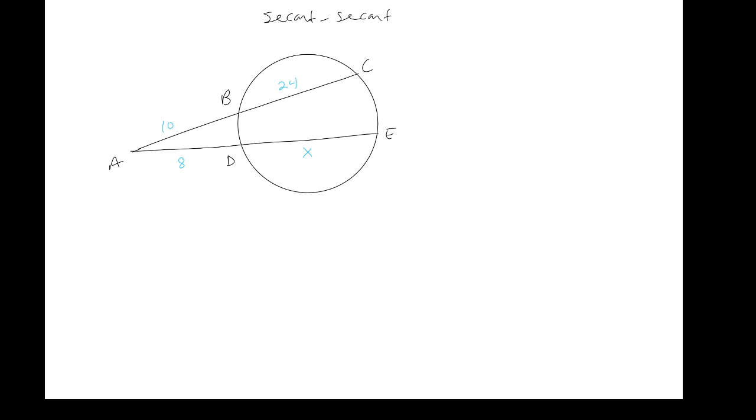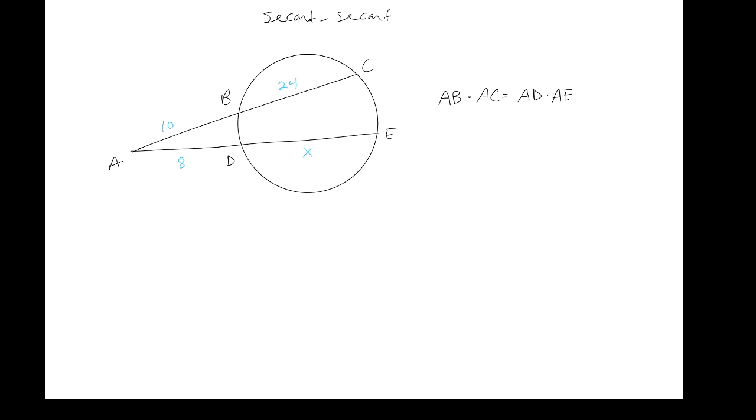It's going to be the outside segment times the whole segment, where we'll have the ratio between the two, right? In secant. So AB times the entire segment, which is AC, an entire secant. And then we have AD, the outside portion, times the entire thing, which is AE.